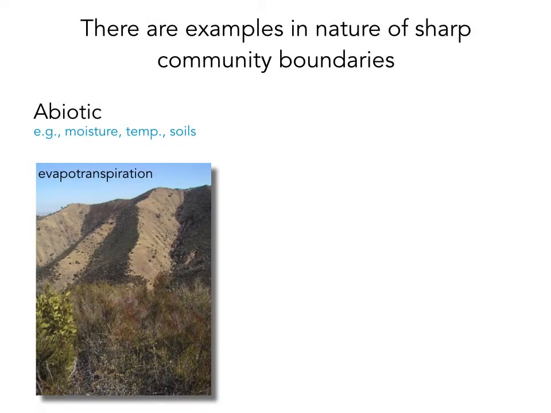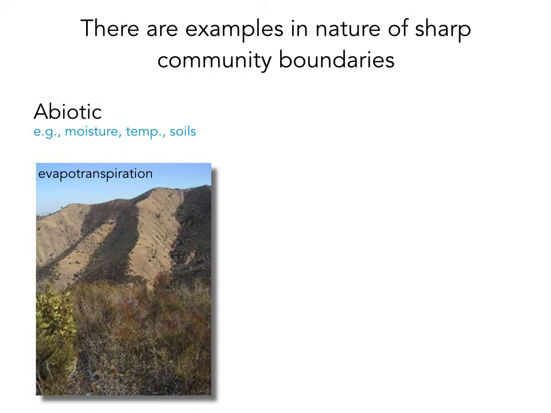So let's look at some examples that support these different ideas. There are some examples in nature of pretty sharp or distinct boundaries between communities, and one of those is right here in our backyard. This picture on the left is showing some hills near Lake Berryessa, just outside of the Central Valley towards the Coast Range.